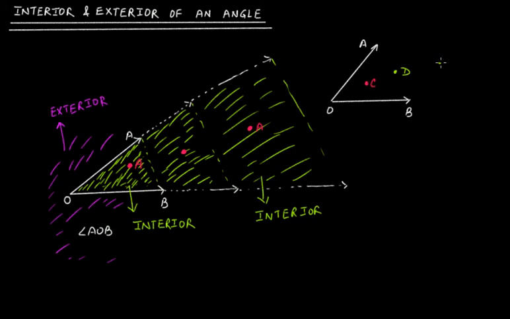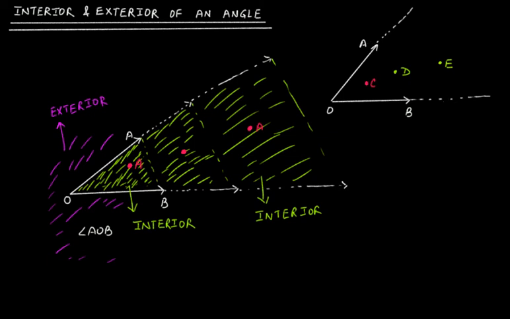If I take even this point E, even this will be in the interior. Why? Because if I extend it in this way, this ray here, and if this ray is extended here, you can see that this is within the angle formed by these two rays.